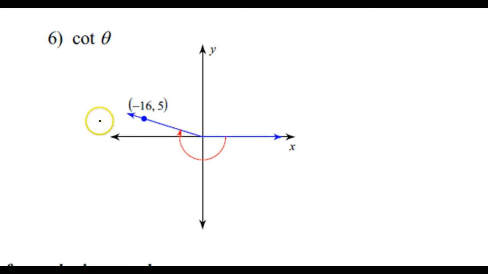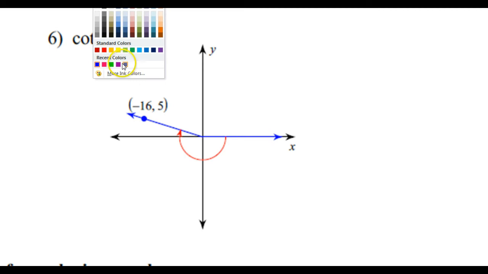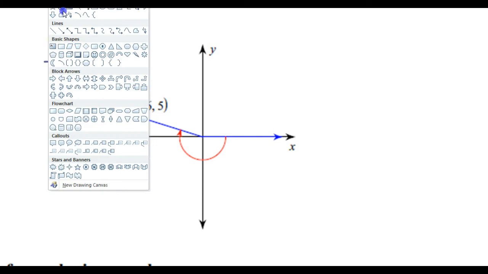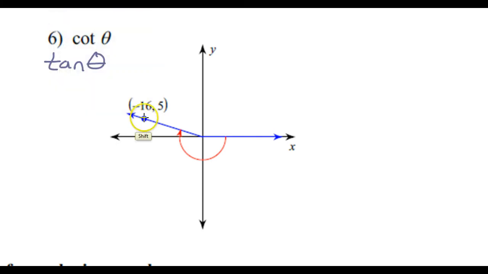All right, one more example. Now remember that the cotangent is the reciprocal of the tangent function. So I say we go ahead and find what the value of tangent theta would be, and then we'll just do the reciprocal for cotangent. So let us draw a reference triangle like so.